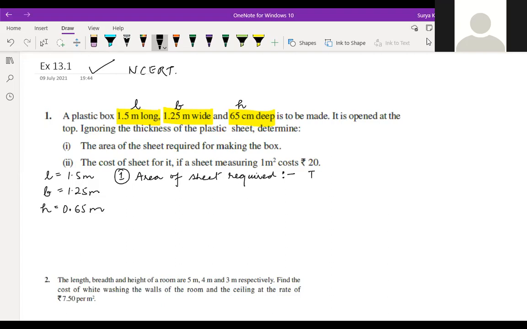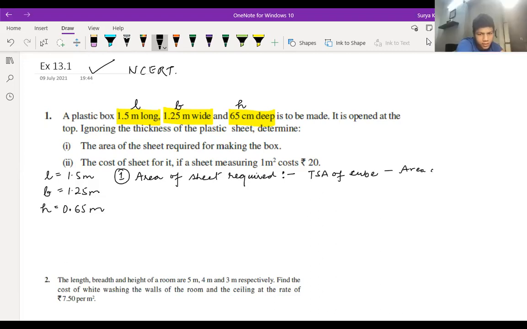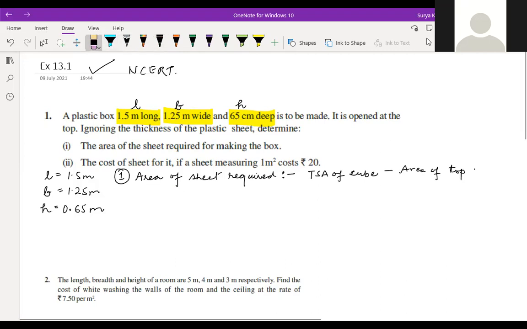Or you can write here TSA, total surface area. LSA plus the bottom, or you can write TSA minus the area of top. Not one side, area of top only. Yes, sir. So TSA of cuboid minus area of top.